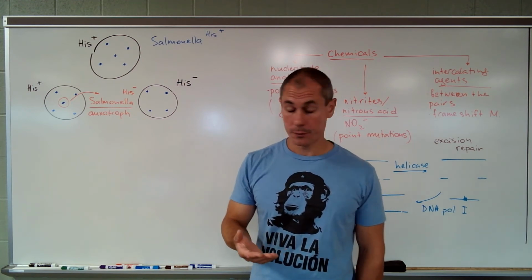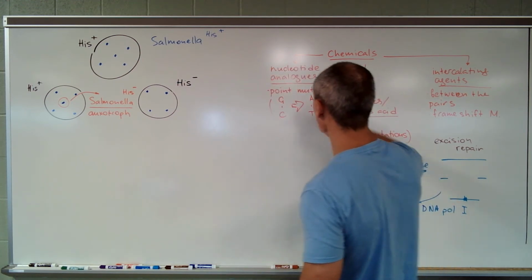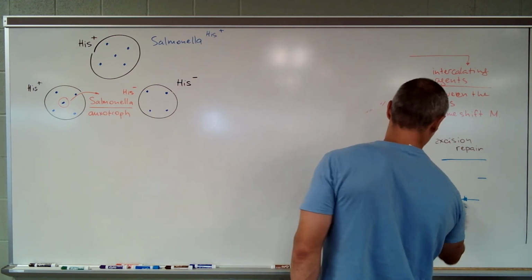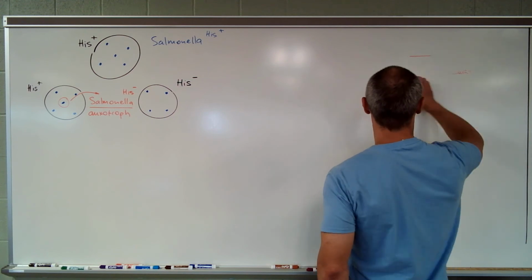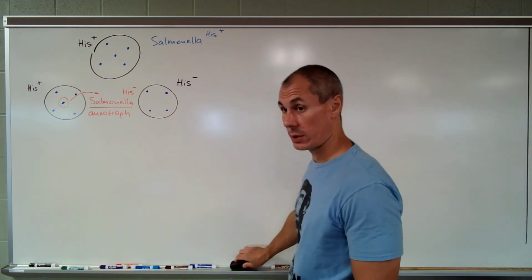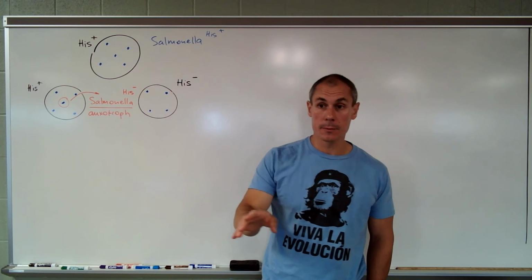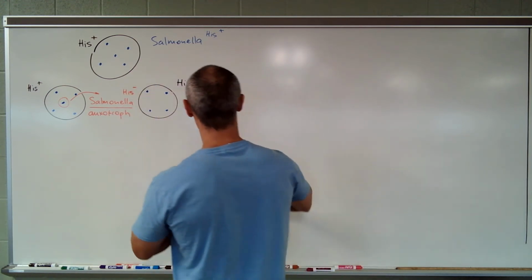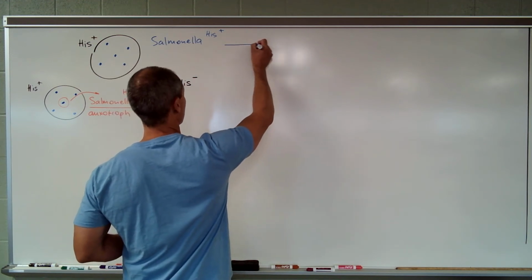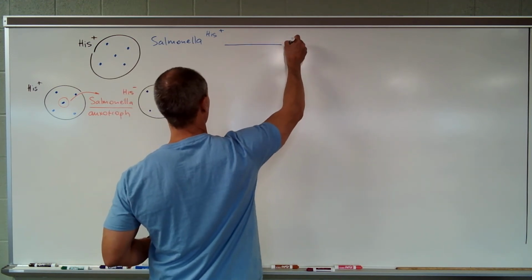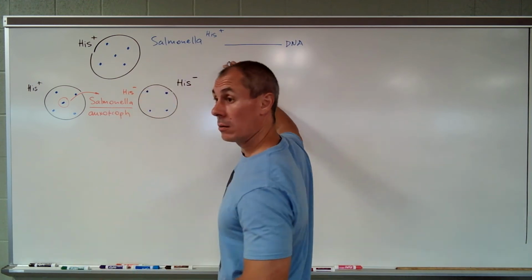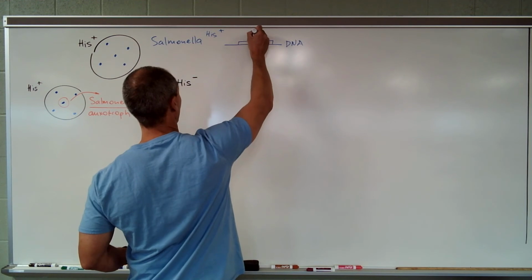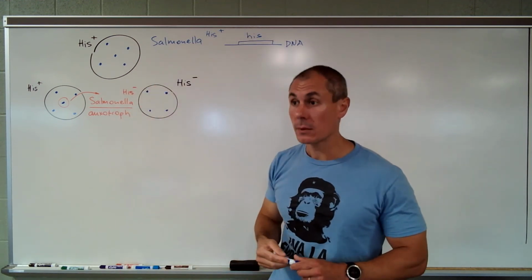Histidine is generated by a certain enzyme or enzymes. For simplicity, let's say a microorganism like this salmonella has DNA. Within that DNA, there's a gene that is responsible for synthesis of histidine. Does that make sense?